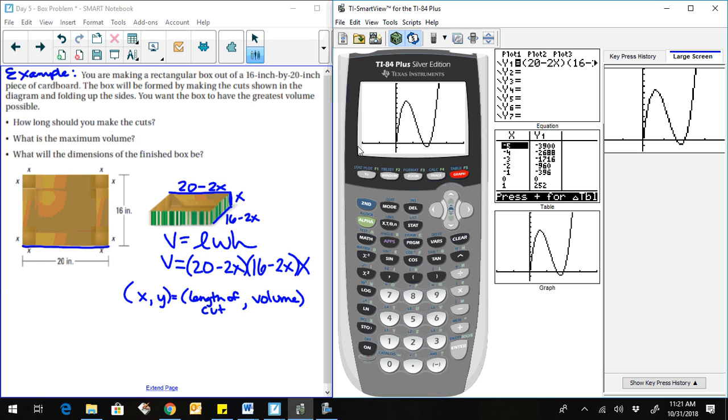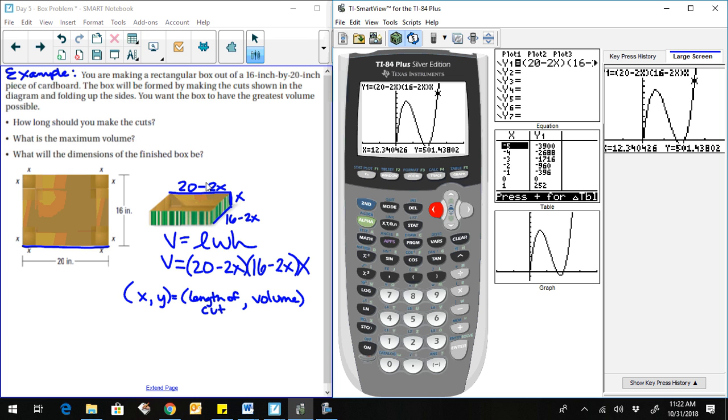Well, we're looking for the biggest Y value. So the biggest Y value, well, isn't that infinity? Well, if I had infinity, what would that make the cut? So I'm going to just trace this a little bit and see what that would look like. If I keep going, see where my cursor is. If I am making my way towards infinity, the cut that I would make would be 12.34.